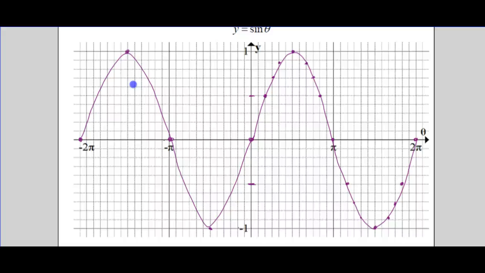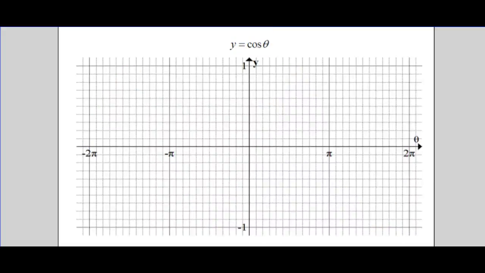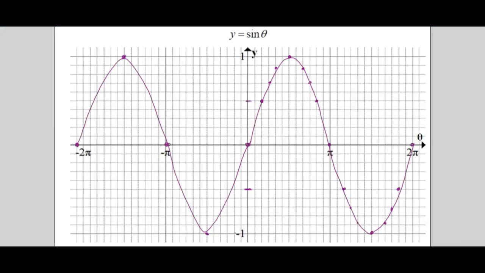Determine the trig ratios. Remember the terminal arms are rotated clockwise. And now we're going to do cos θ. Same deal. So there's y equals cos θ, and I will pause this and allow you to graph it. So here's the sine curve, and the cos curve is the same curve, just shifted a little bit.